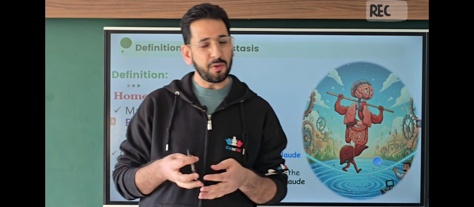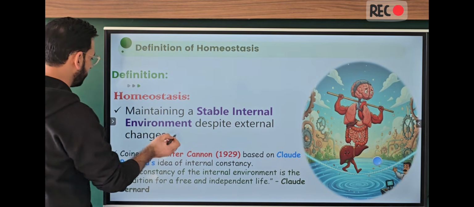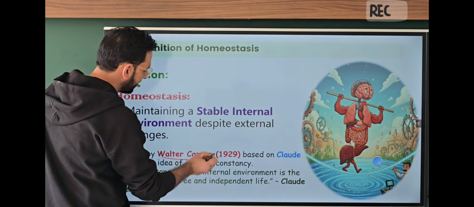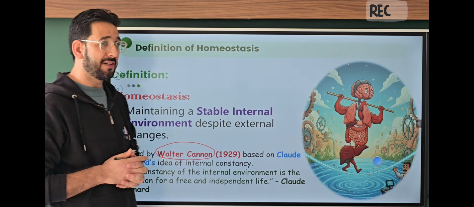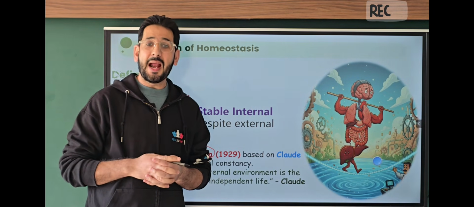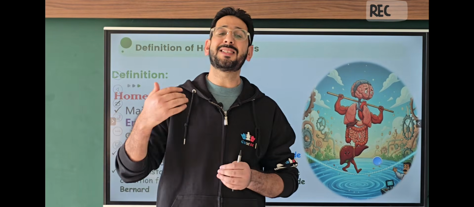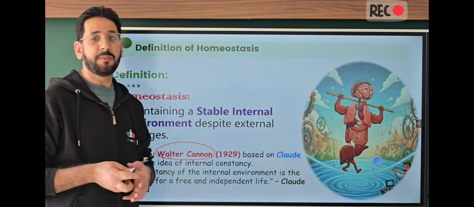Now, this term homeostasis was coined by Walter Cannon. And this Walter Cannon coined the term homeostasis in 1929, and he actually got this idea from the statement of another scientist, and that scientist was Claude Bernard.